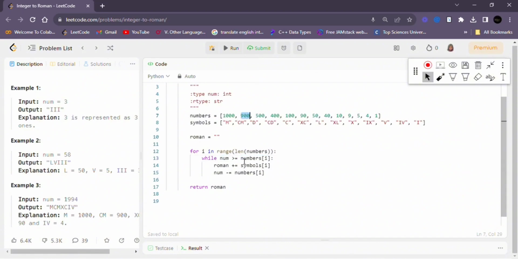If numbers of i is less than or equal to the num given in the problem, it will pick the symbol at the same position and store it into Roman. One by one it will store, and subtract that number from num. We will implement it, now you will understand.